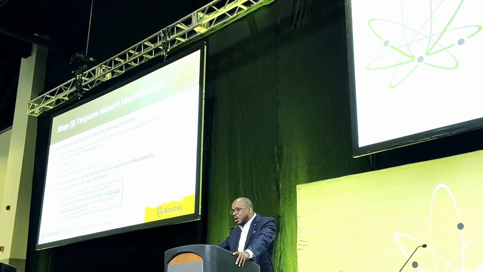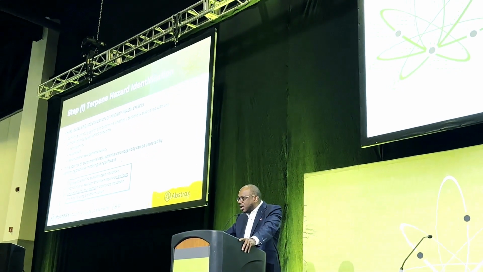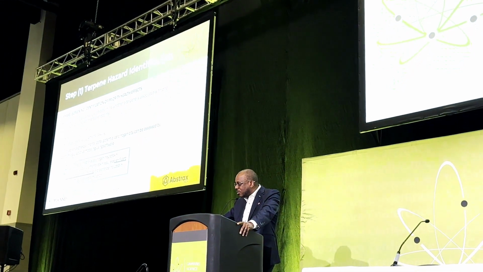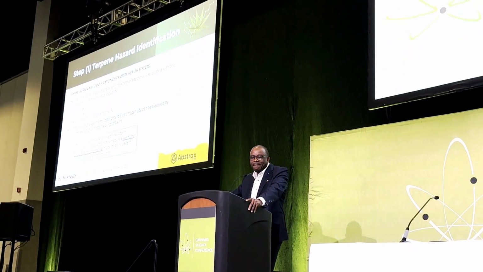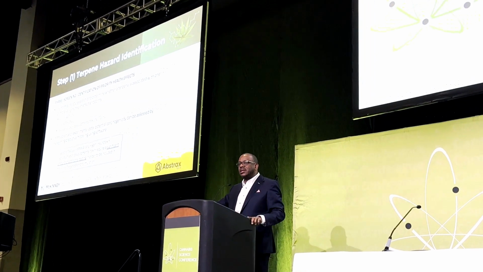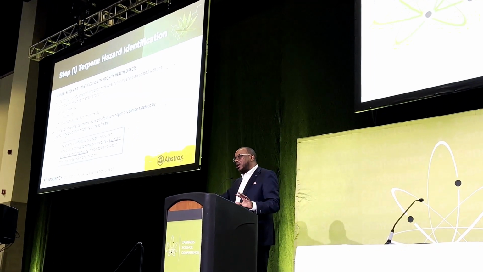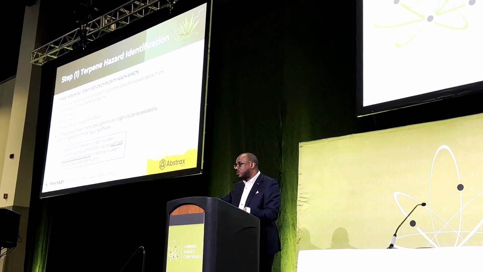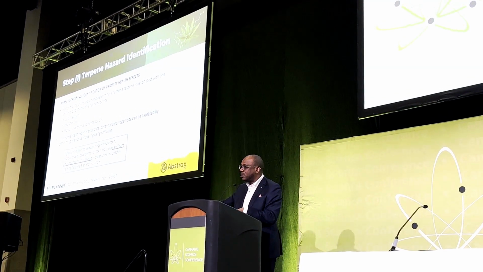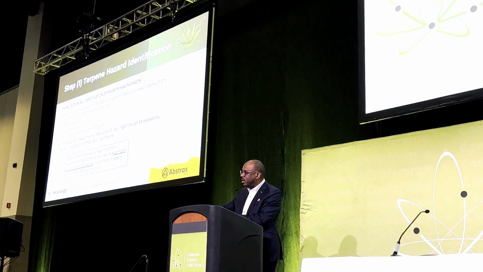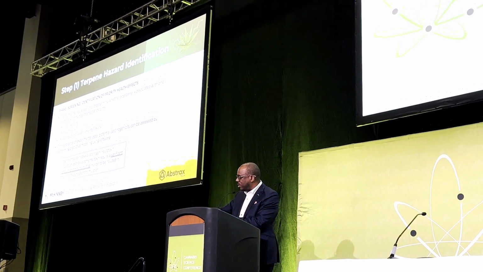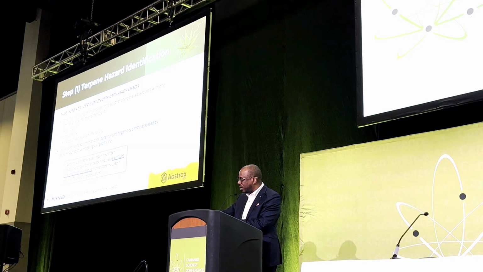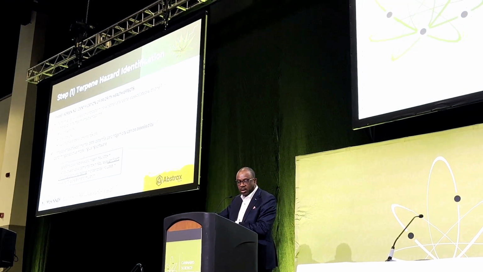Now, if you look and you don't see any data, that does not mean that everything is okay, all right? Typically, if you don't see data, there's a couple things that you can do. You can generate the data, or you can look at the structure of the terpene, and if it's similar to the structure of another molecule that has experimental data, you can leverage that experimental data and make some decisions there.